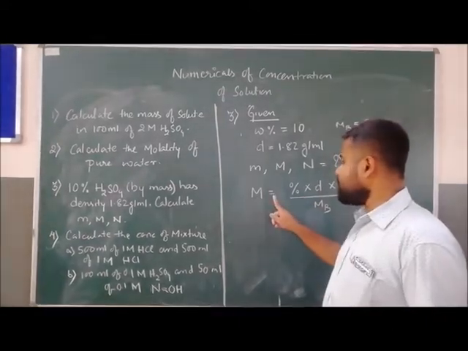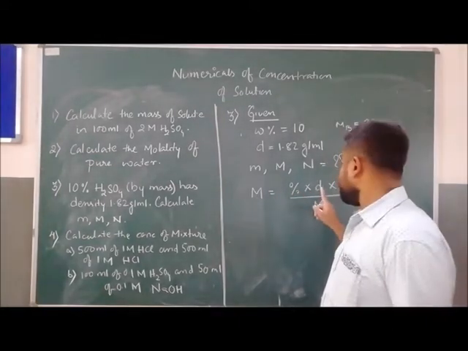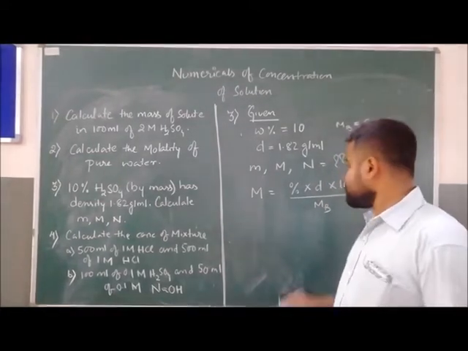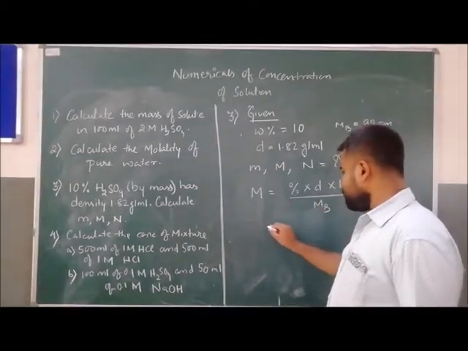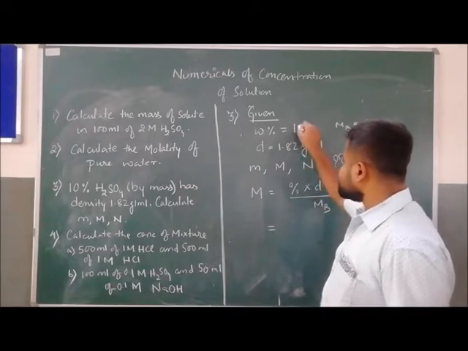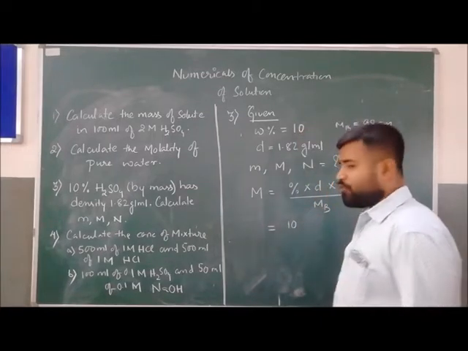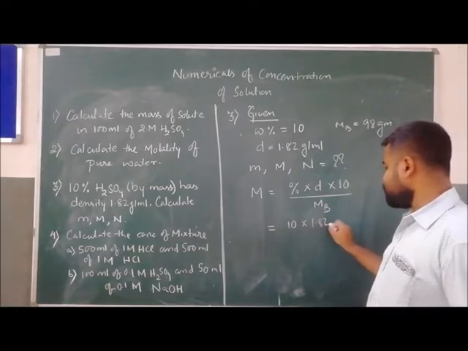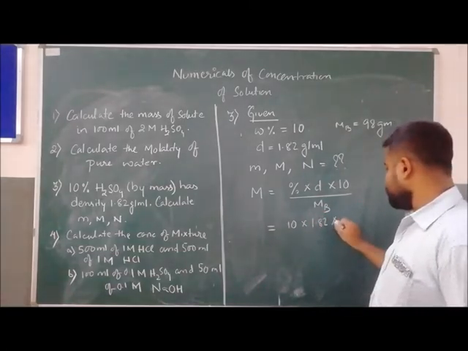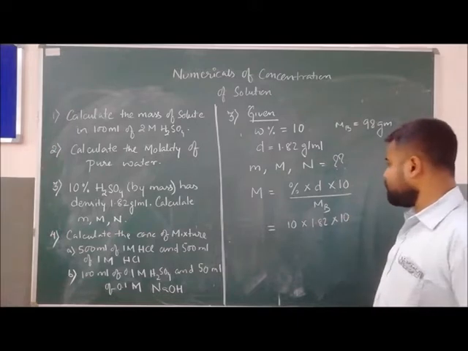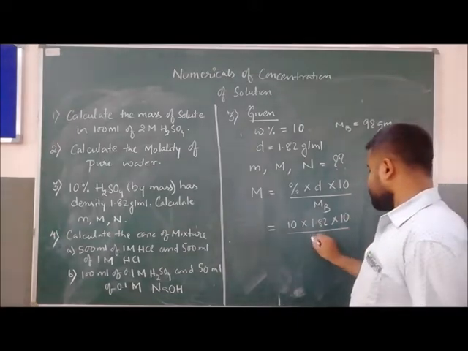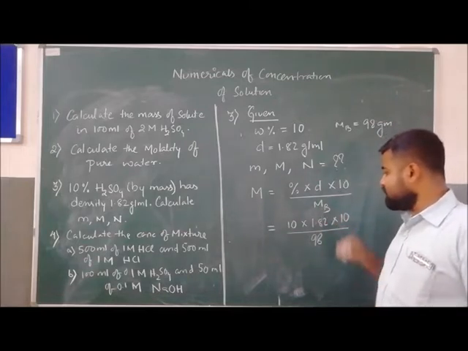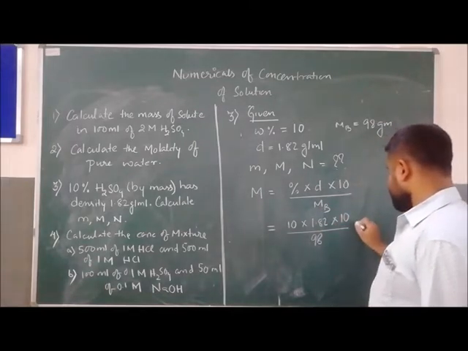So molarity can be found out as percentage into density into 10 by MB. So here what is the percentage? 10%. So we will put 10. Density is given 1.82, into 10, and what is the molar mass? Molar mass is 98. So what will be the value?